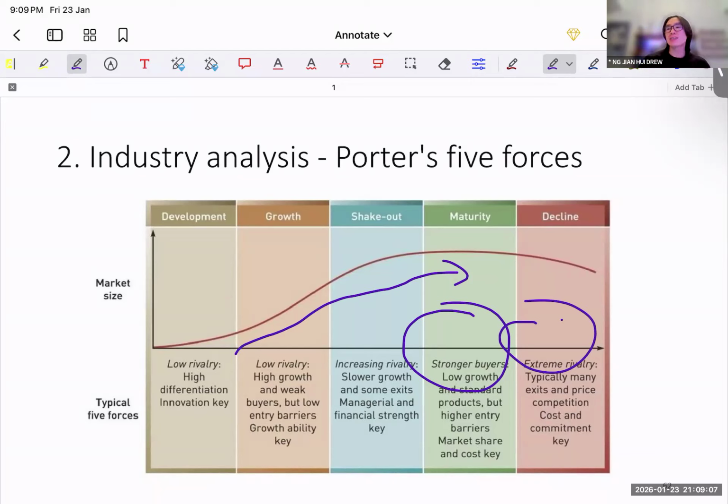Maybe the barrier to entry becomes lower, so it's easier to replicate and easier to enter the market, right? So there are going to be various levels of strength of the Porter's Five Forces. Really determining where we are in the product cycle would direct you to understand how strong certain forces are.